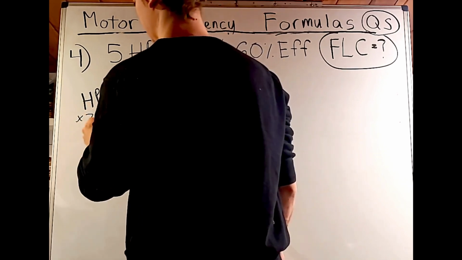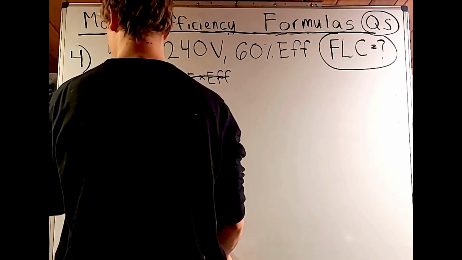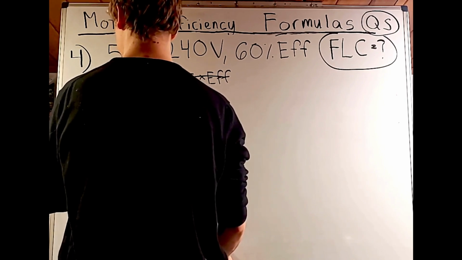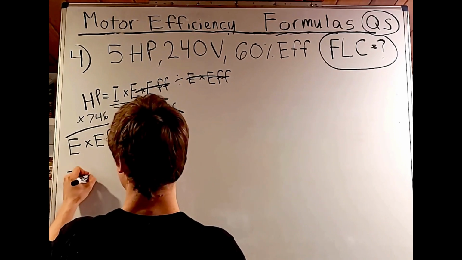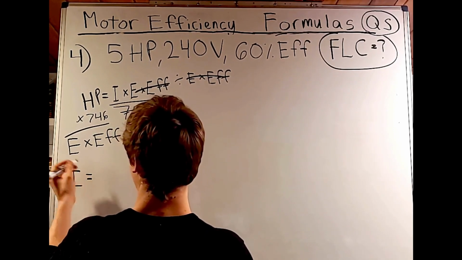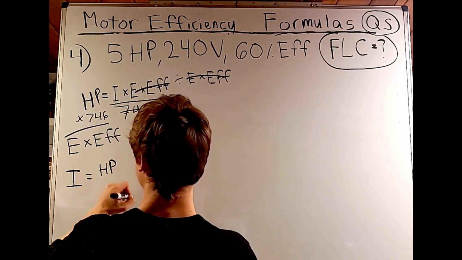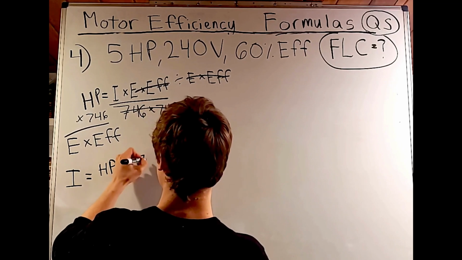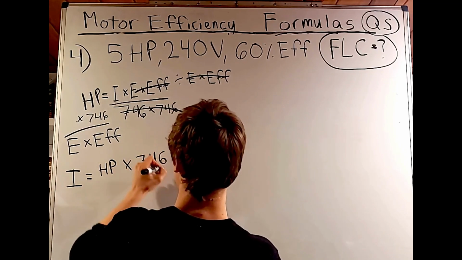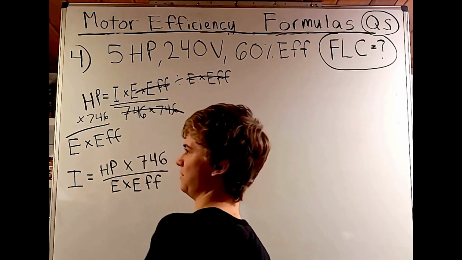And then again, I'm going to have everything on the other side now divided by E times EFF. Okay, so in other words, the formula I'm going to be working with for current, which I already just did, but again, good practice. We have I equals HP, horsepower, times 746 over E times EFF, voltage times efficiency.